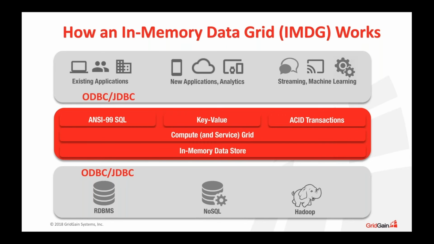You can co-locate individual nodes of data in the grid directly with the web app or the mobile app infrastructure. You can also co-locate it with new APIs so that you can bring the data directly to the API and lower latency. That's typically how this kind of infrastructure works.